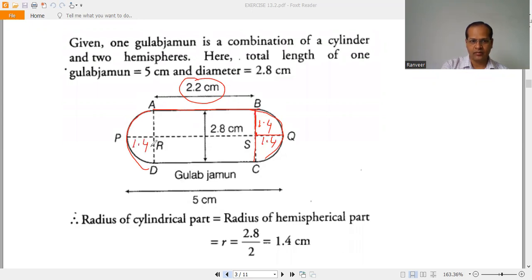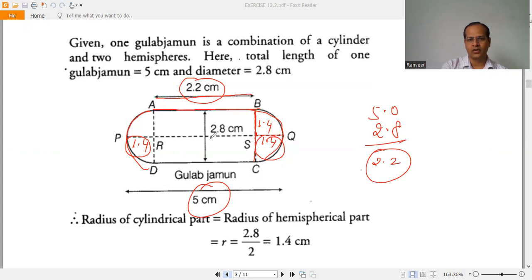So 1.4 plus 1.4 is 2.8, and if we subtract that from 5, this becomes 2.2 centimeter. So the length of this cylinder is 2.2 centimeter, and the radius of the sphere in each hemisphere is 1.4 centimeter.